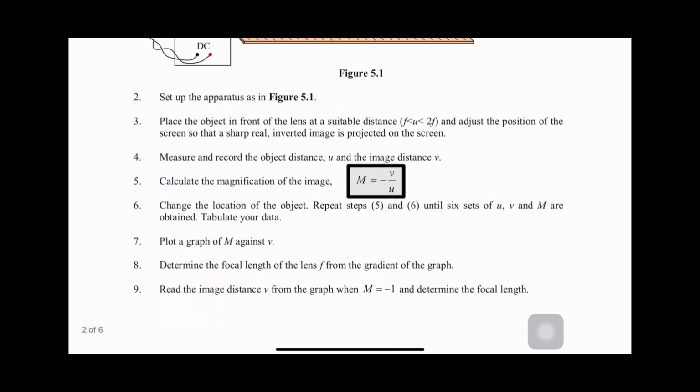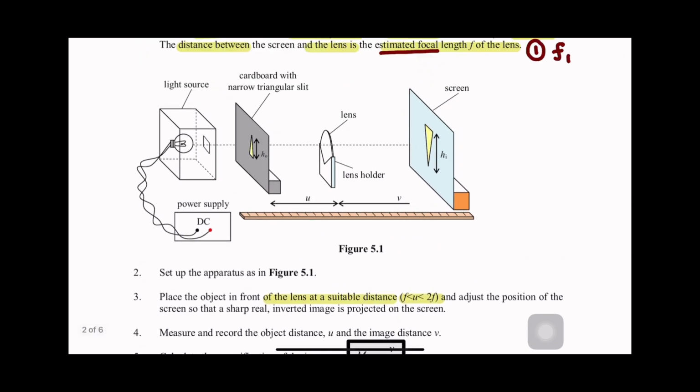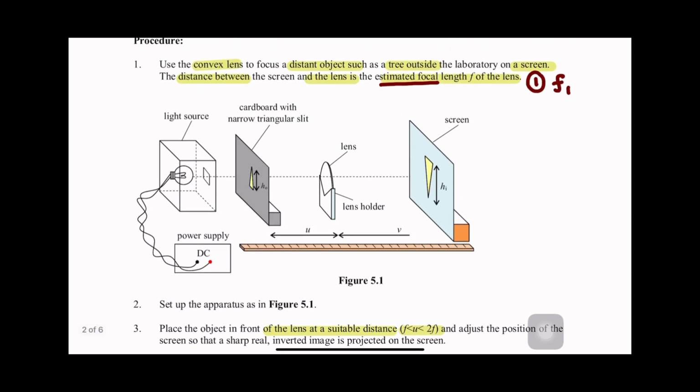Next, place the object in front of the lens at a suitable distance where f is less than u is less than 2f. Maksudnya tak boleh lebih. Kalau contoh estimate focal length you tadi ni, contohlah 9 cm.